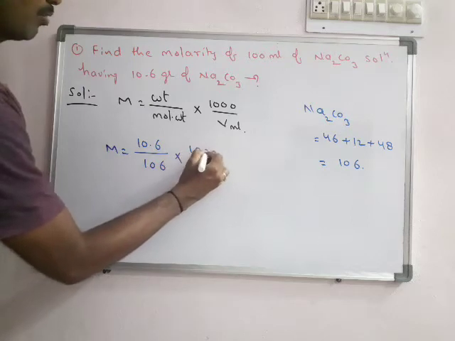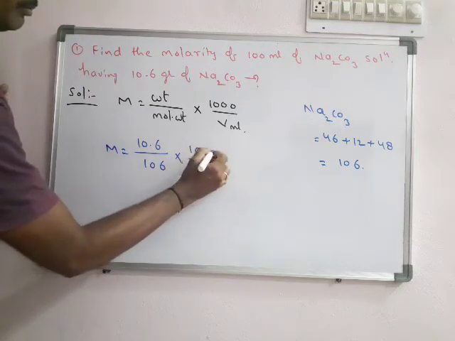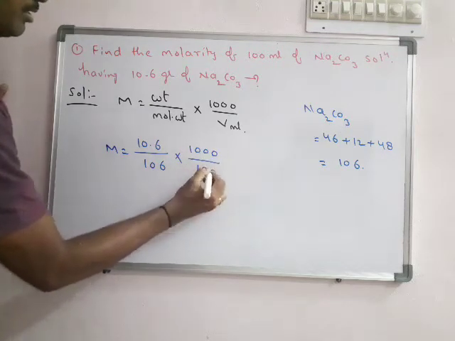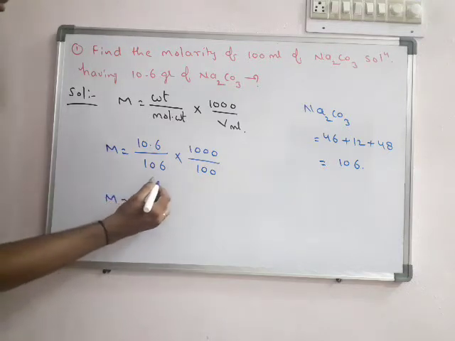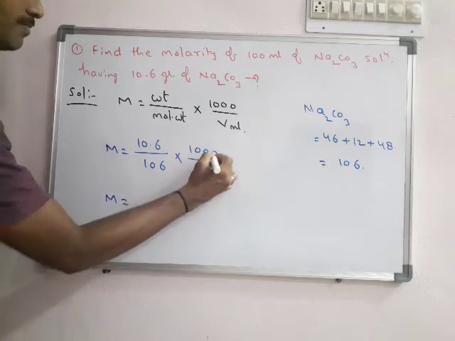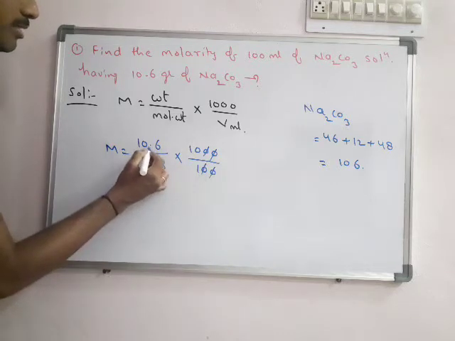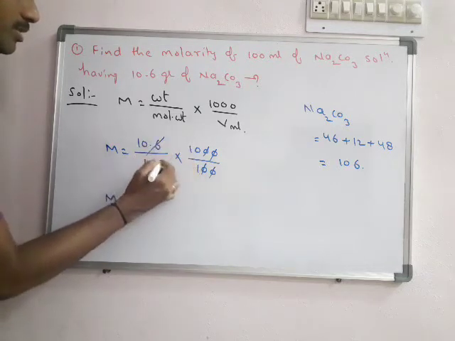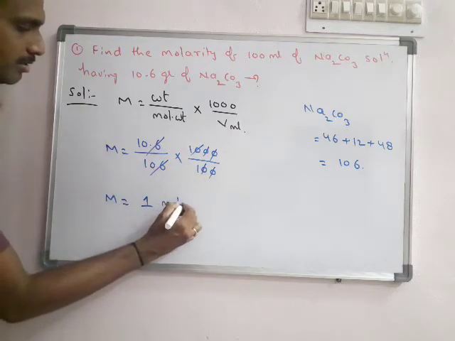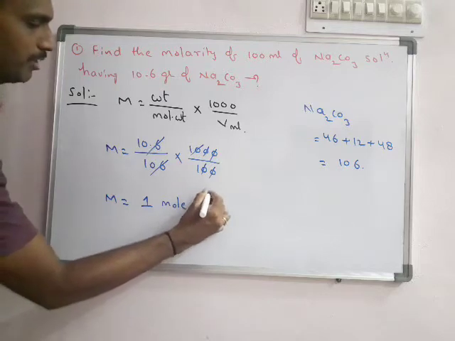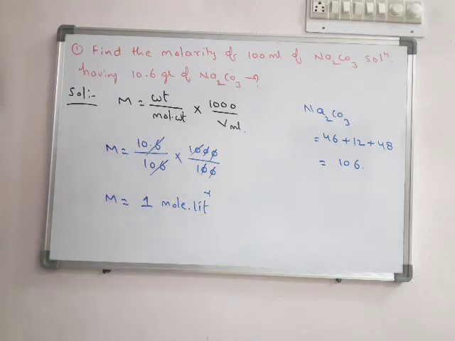Then 1000 by the volume, which is 100. On calculation, 10.6 into 10 is 106, so the answer is 1. What are the units? 1 mole per liter.